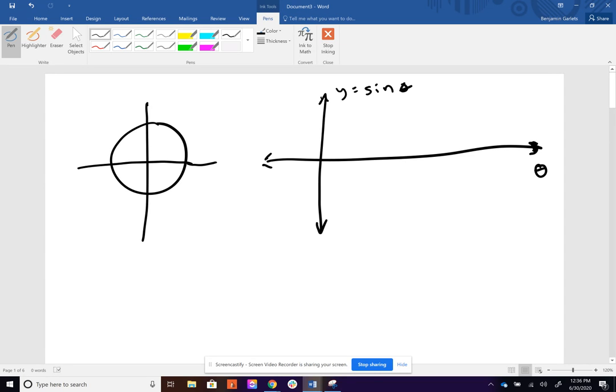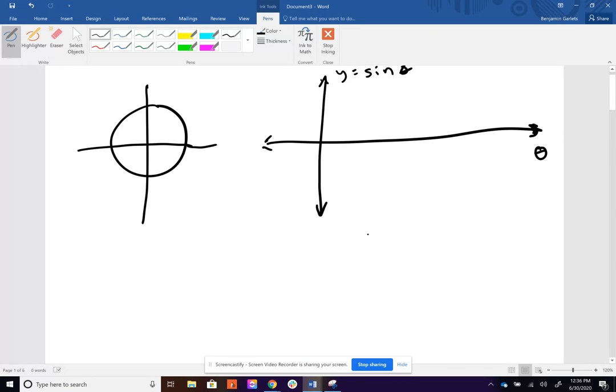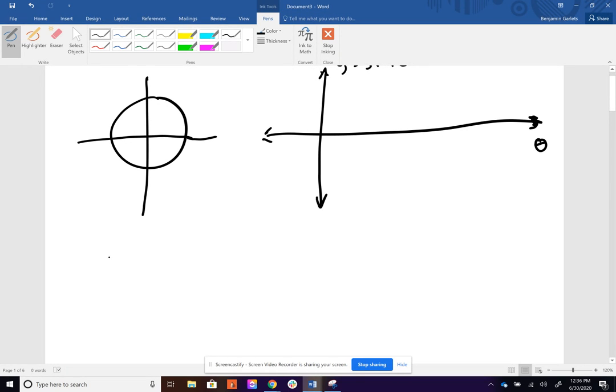Okay, so how do we begin to start graphing points? Well, classically, when we've dealt with functions, we have an input-output, right? So if we have an input of theta and an output of sine of theta, we can leverage what we know about the sine function.